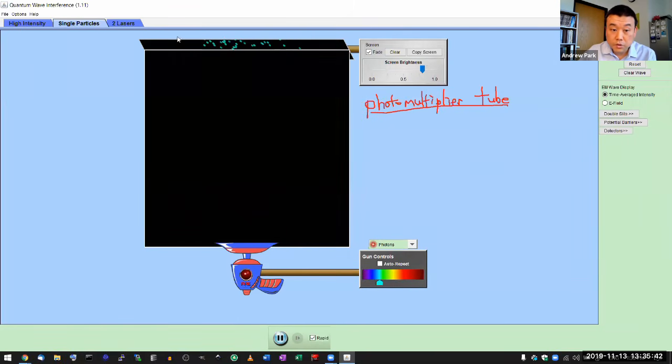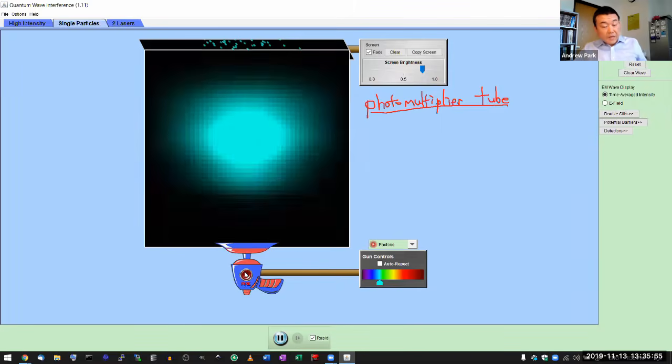You see that most of the particles are clustered around the center. There are a few odd ones outside of the center, but for the most part, they are in the center.